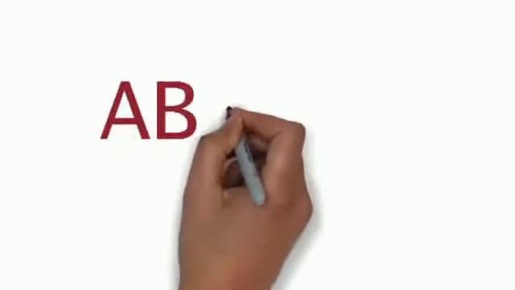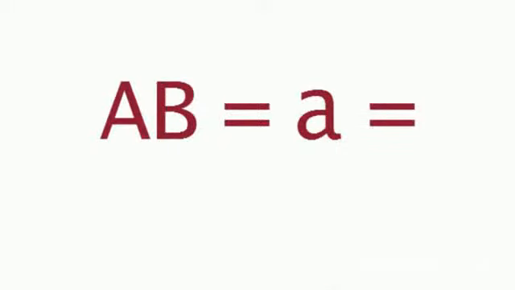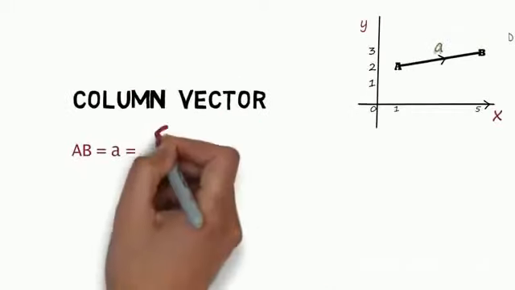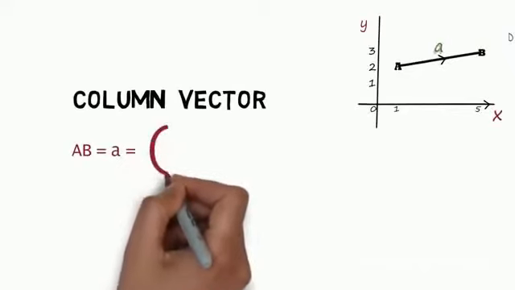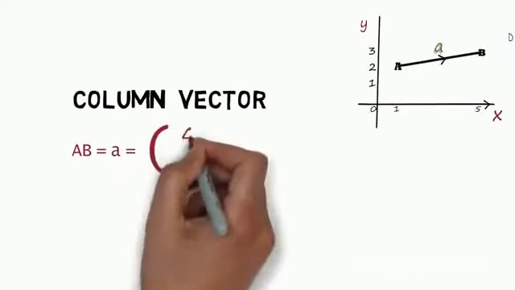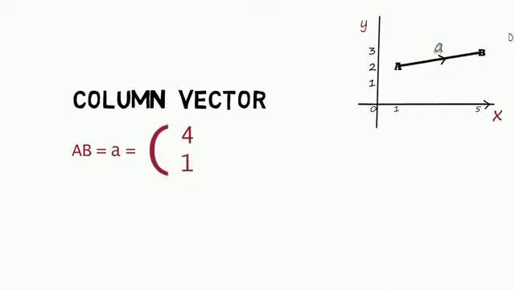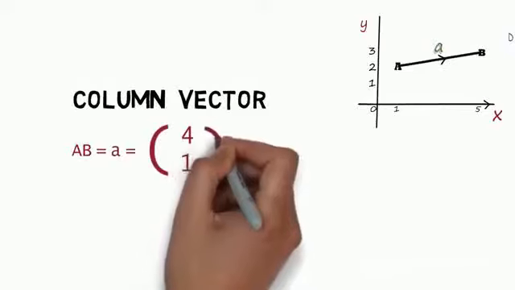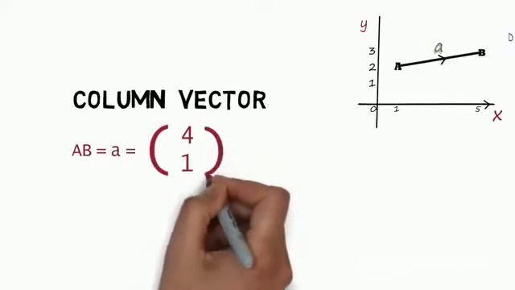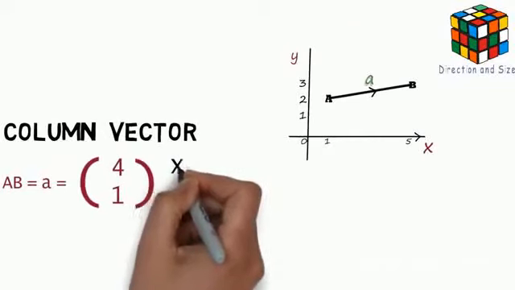That's where we say AB is equal to A, just as it is written on the diagram. Or we can write the direction and represent it, the movement in the x-axis and the movement in the y-axis. For you to get from A to B, you move from 1 to 5 in the x direction, that's in the positive direction, 4.